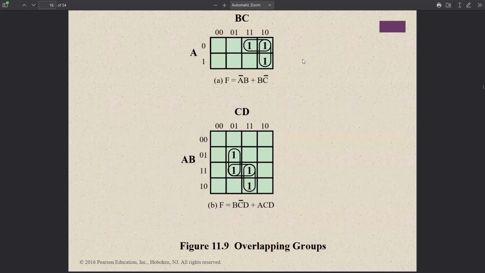Right. So this is about Karnaugh maps. So I will share this one.